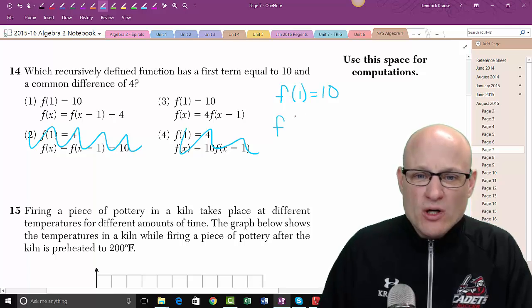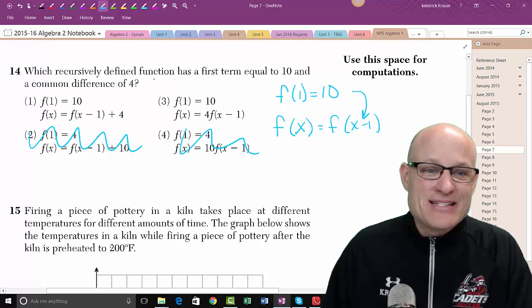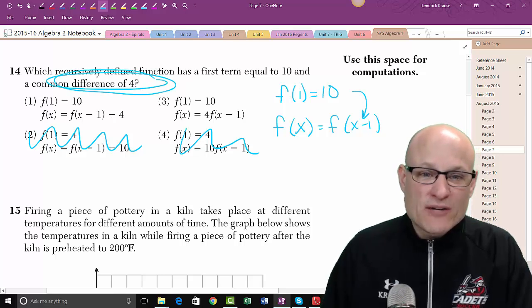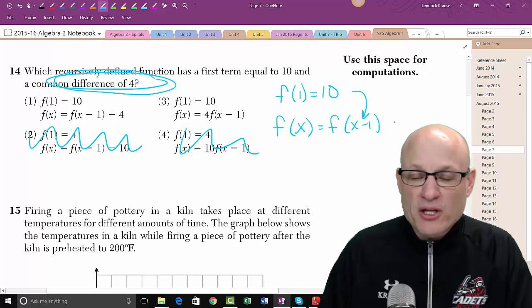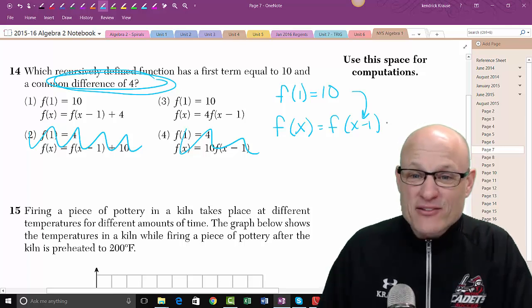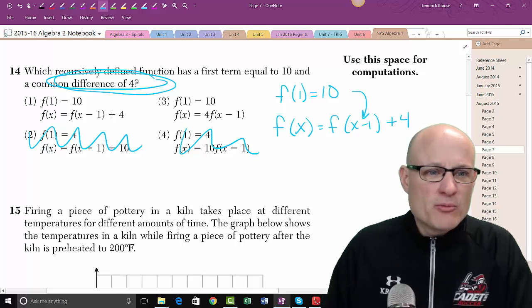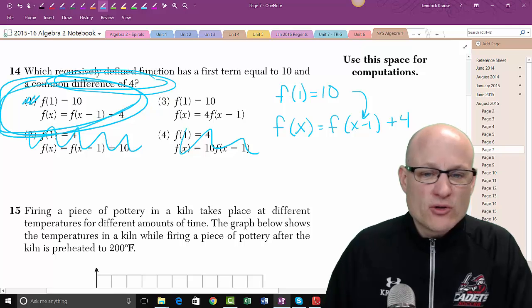And then the second one, f of x, should be f of x minus 1, which basically says the one before it, and a common difference. So we're looking for a difference of 4. So we can either see plus 4 or minus 4. But since it's a common difference of positive 4, we're going to add 4 to that. And that would be choice 1. Here's your answer. There it is, choice 1.